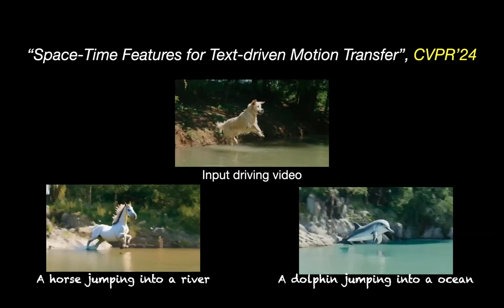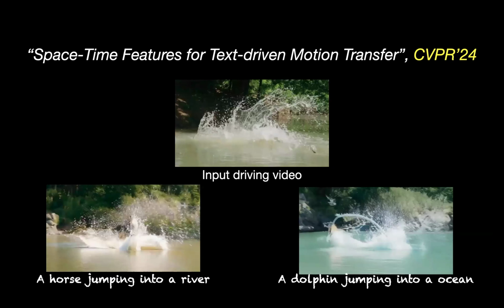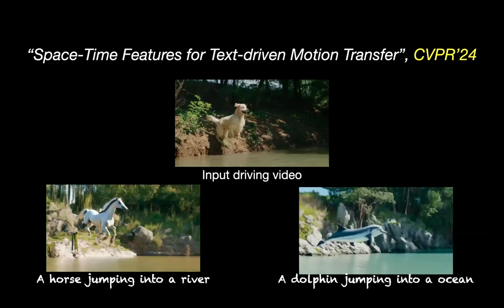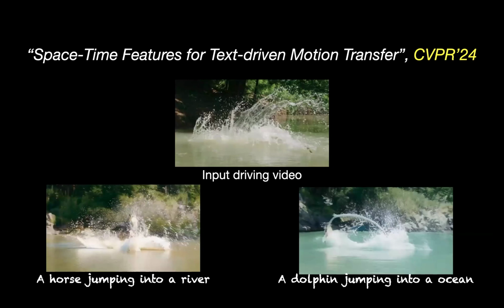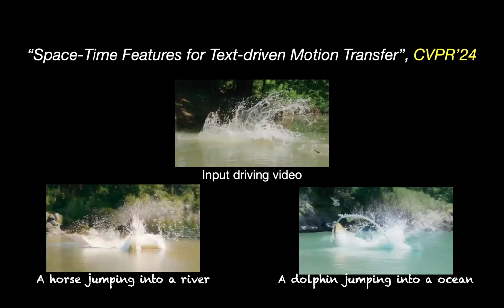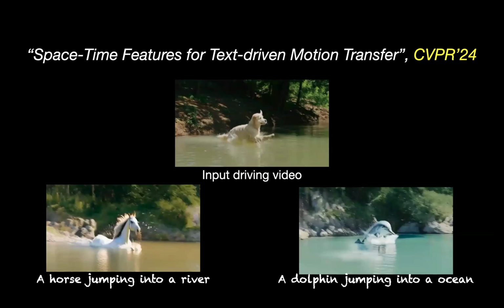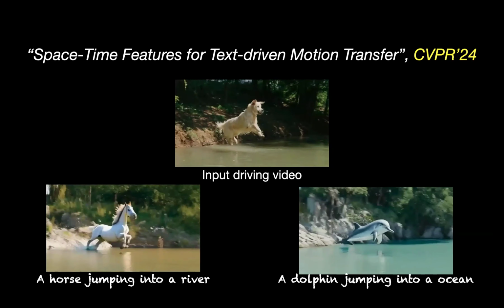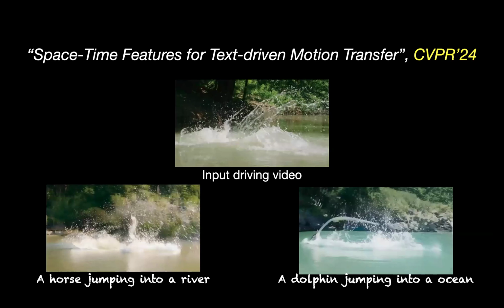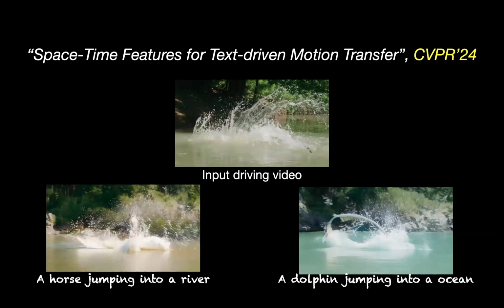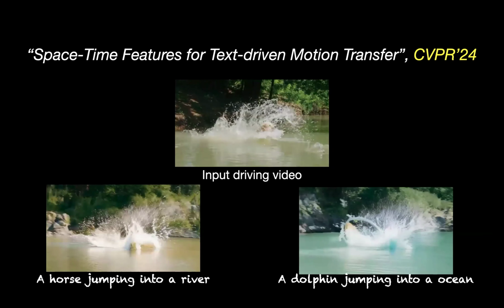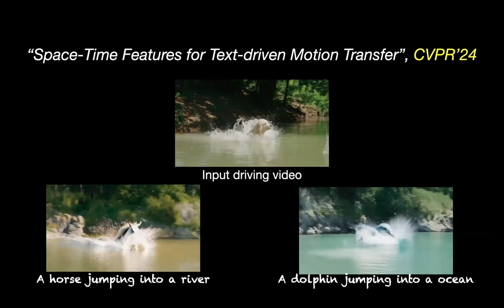We are no longer interested in preserving pixel-level correspondences because the shape of the new objects must change in order to convey the new object category. So we need to distill the essence of motion from the original driving video and be able to adjust the shape and the fine-grained motion characteristics in order to generate a plausible target object.